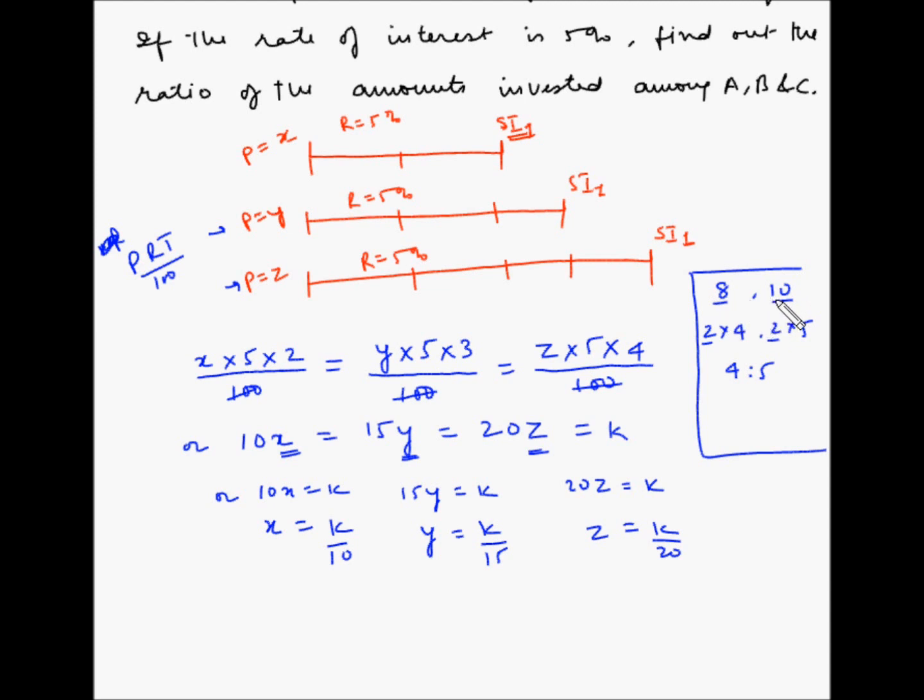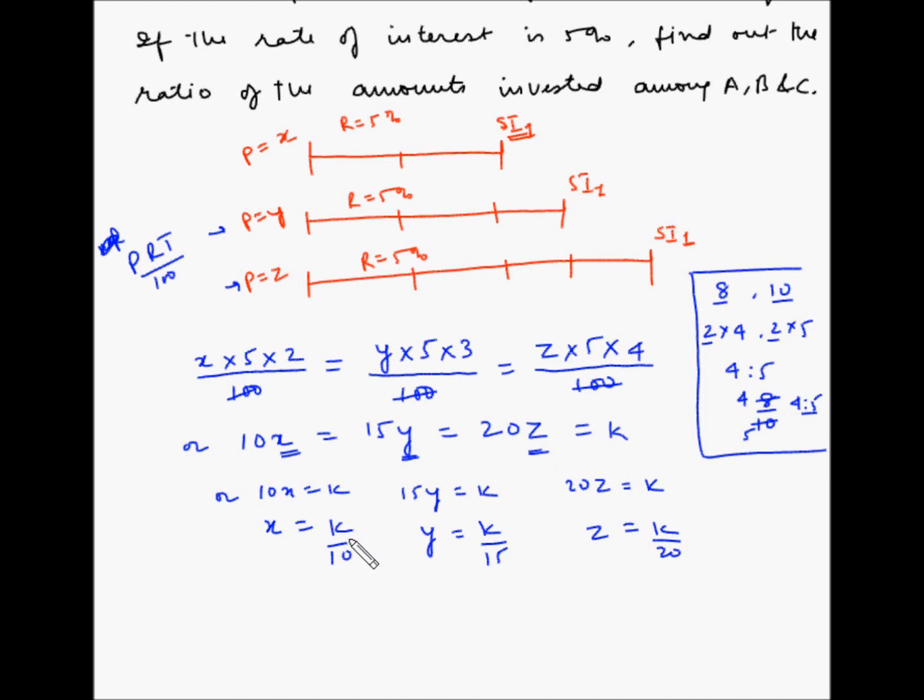In other terms, we can also find this ratio by 8 divided by 10 and then cancel the common factors. You can divide the 8 by 2, which becomes 4, and the 10 by 2, which becomes 5. So the ratio between these two is 4 is to 5 again.